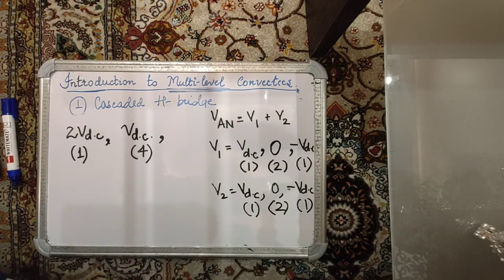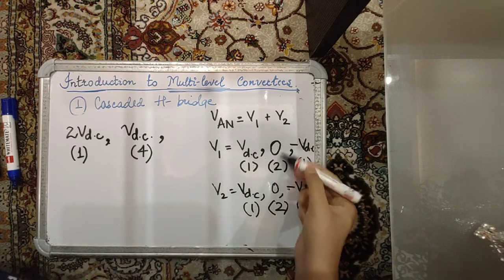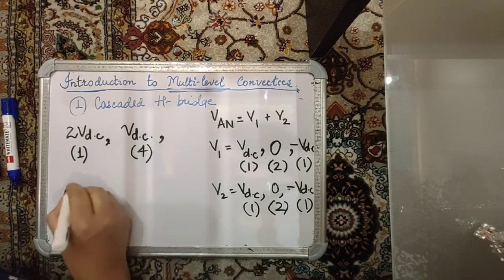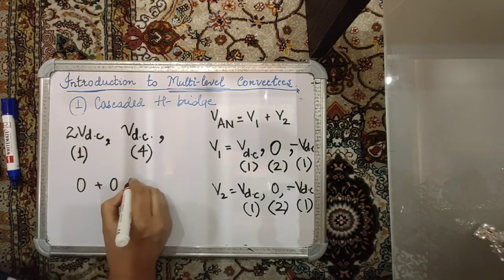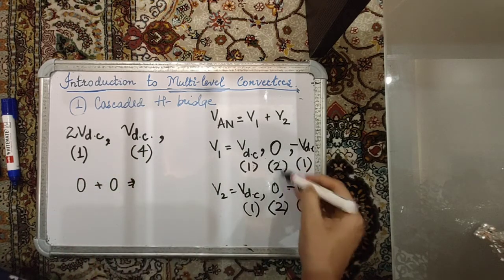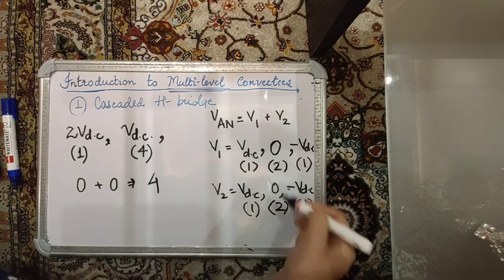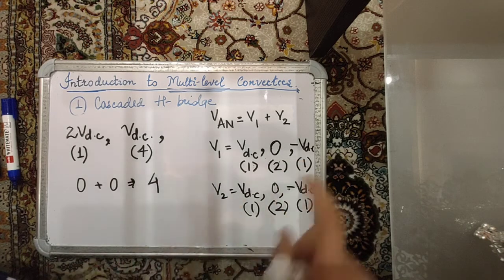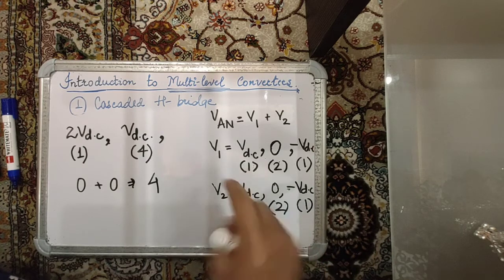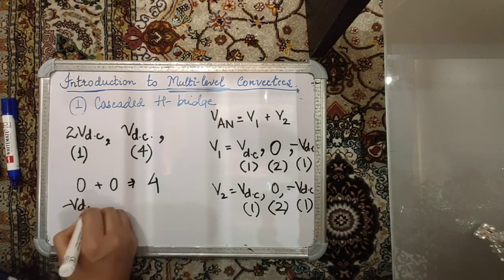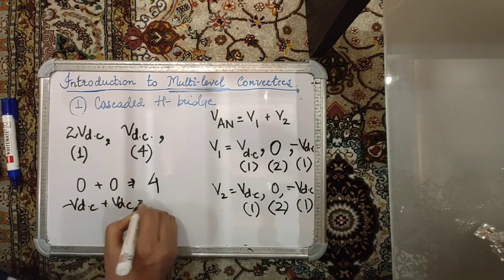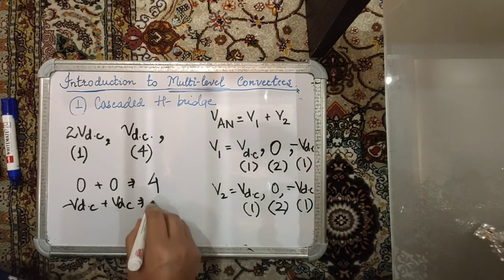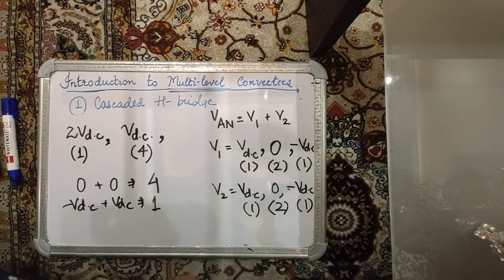The third voltage level that we can get is 0, simply 0 adding to 0, 0 plus 0, and this is a combination of 2 into 2, so 4 switching states will result in it. Or minus VDC adding to plus VDC. This is only 1 into 1, so only one switching state will give this combination.